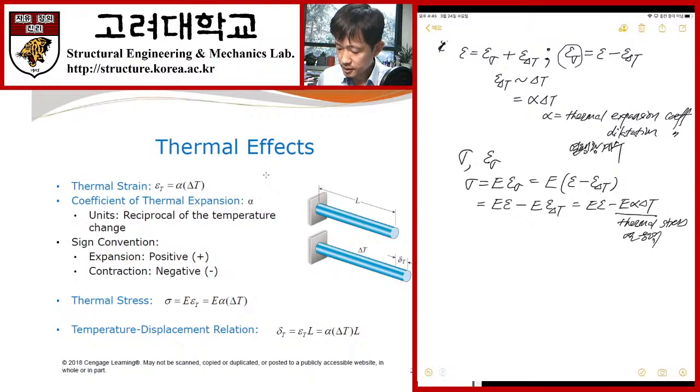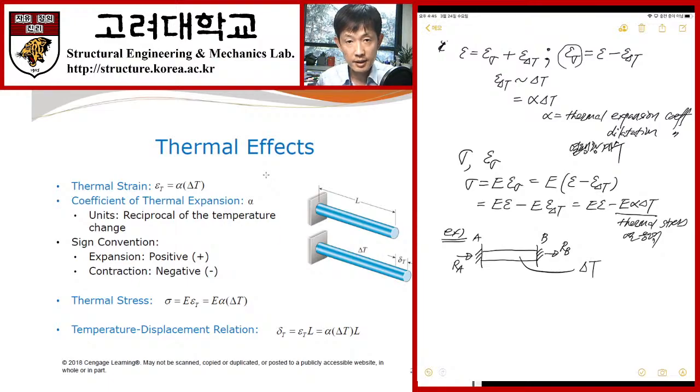Okay, let's consider an example. I have a bar, with point A and point B. Its temperature increases by delta T. Make sure that I have reactions RA and RB, because these are unknown.